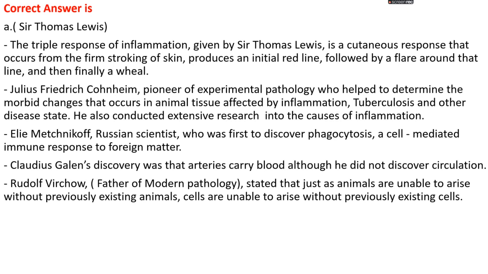He also did research into the causes of inflammation. Elie Metchnikoff, a Russian scientist, was the first to discover phagocytosis, a cell-mediated immune response to foreign matter, while Claudius Galen discovered that arteries carry blood, but he did not discover circulation. And Rudolf Virchow, who is known as the father of modern pathology, gave his theory that cells arise from pre-existing cells. Okay.